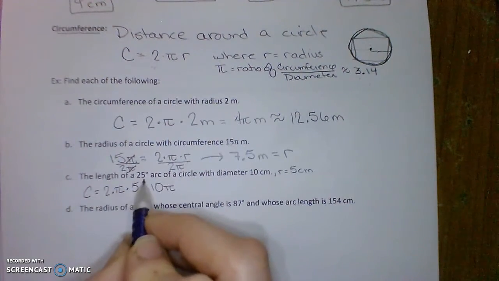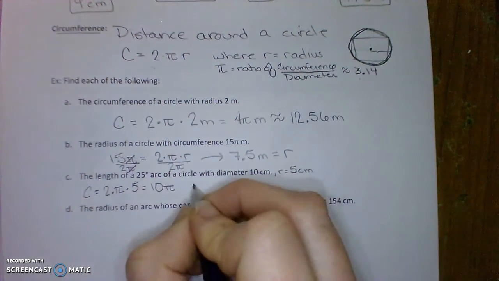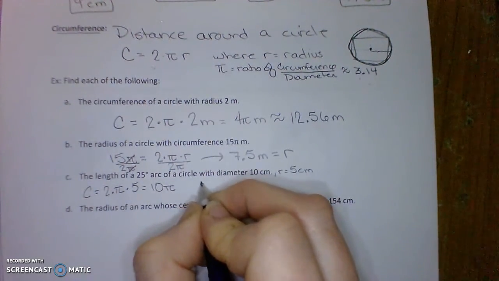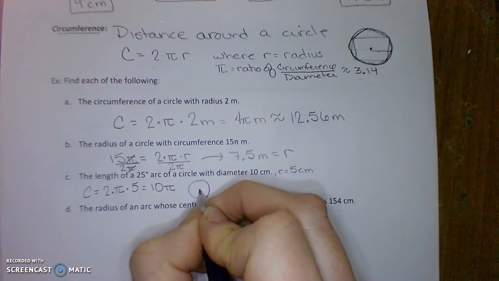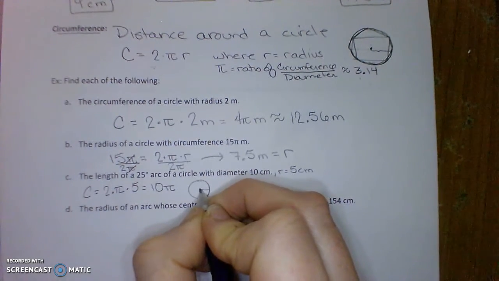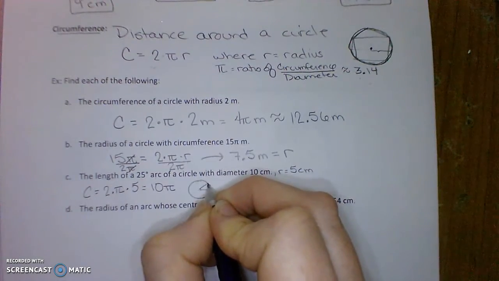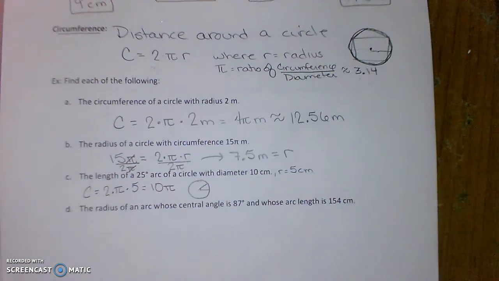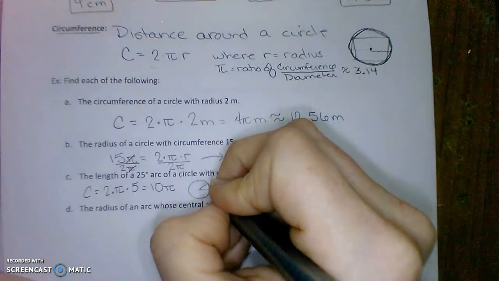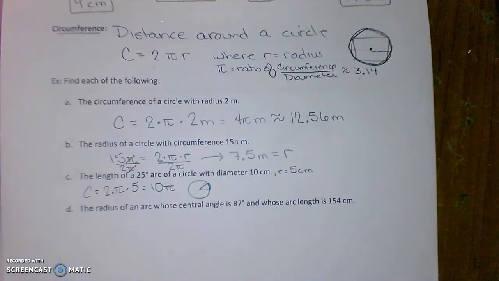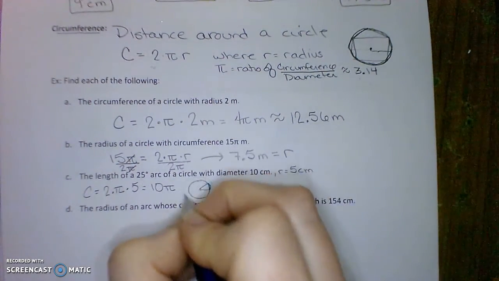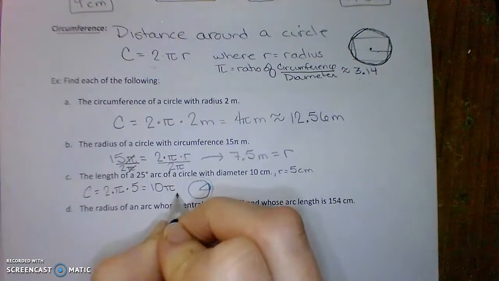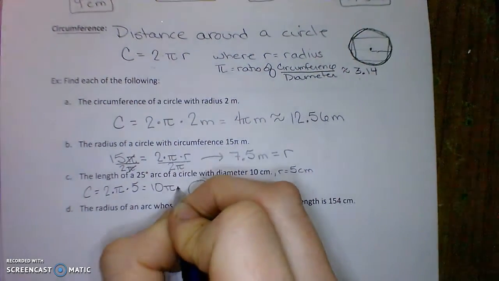And now what fraction of the circumference will this be? Think about it this way. You've got your circle, and a 25-degree arc here, and we want to find the length of this arc. But I know the distance all the way around is 10 pi centimeters.